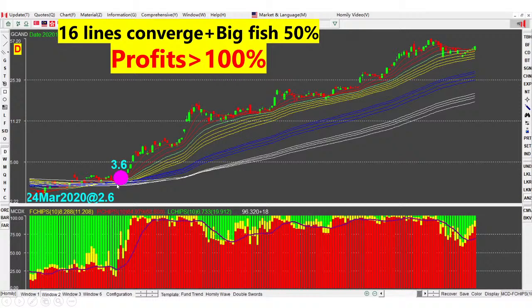All the rainbow lines converge together. Usually, this is the beginning of the bullish rising or the beginning of the bearish down. But we see here, after all the rainbow lines converge, and then turn up, and also the big fish come in. The big fish come, the price will have power to continue rising and continue hit new high. So this is quite helpful.